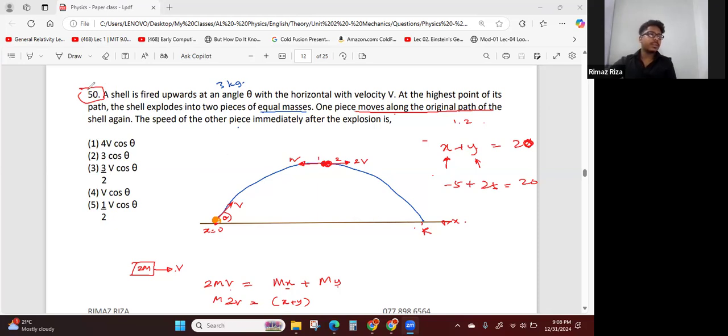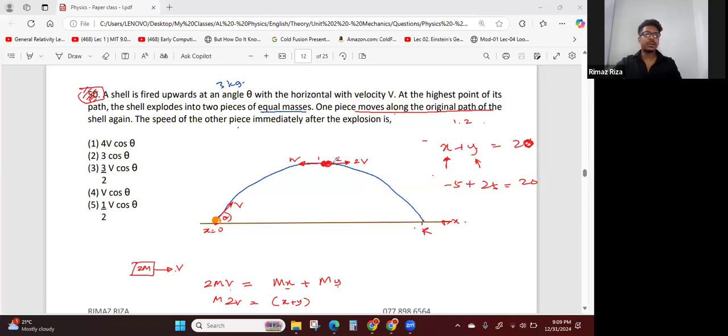By the way, in our next class, I will do a complete analysis of these types of questions. There is also something we can do, like after the explosion, where will this one land and where will this one land. To solve that type of question, we consider the center of mass of these two masses. Let's say the values are not accurate, just to get some intuition.